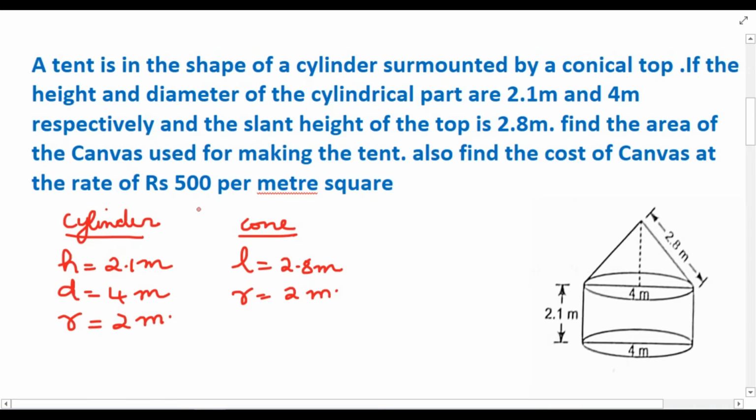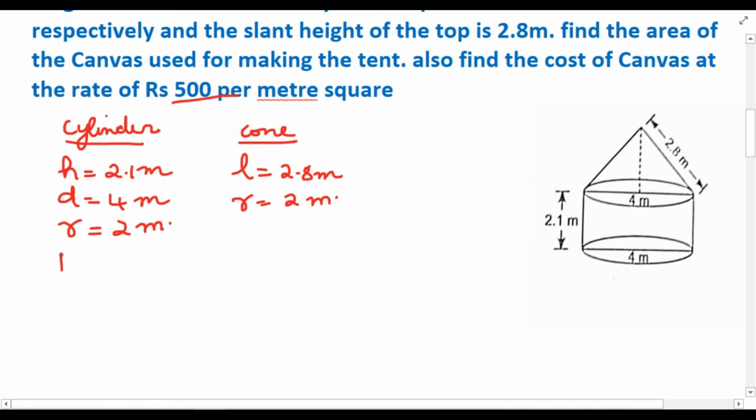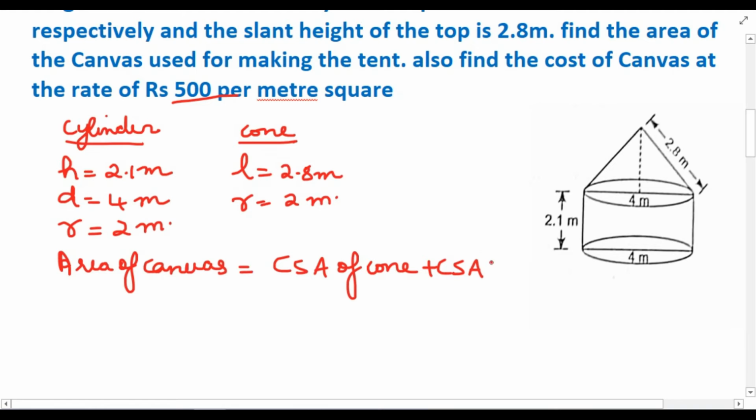Also the cost of the canvas at the rate of rupees 500 per meter square. So area of the canvas used is equal to CSA of cone plus CSA of cylinder, curved surface area of cone plus curved surface area of cylinder.